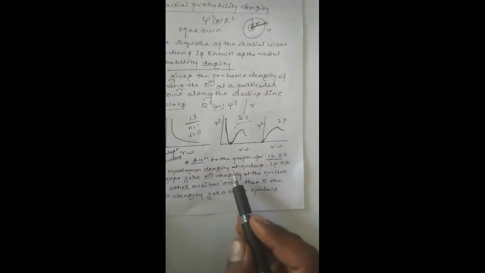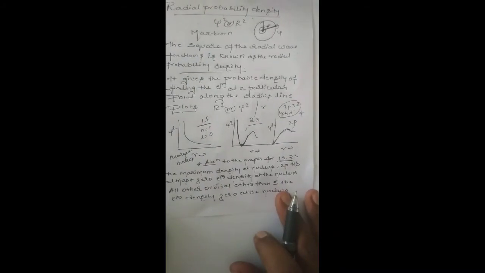When it comes to 2p, it has almost zero electron density at the nucleus. For all orbitals other than s, the electron density is 0 at the nucleus, whether 2p, 3p, 4p, 3d or 4d. If you take any p, d and f orbitals, the electron density is 0.